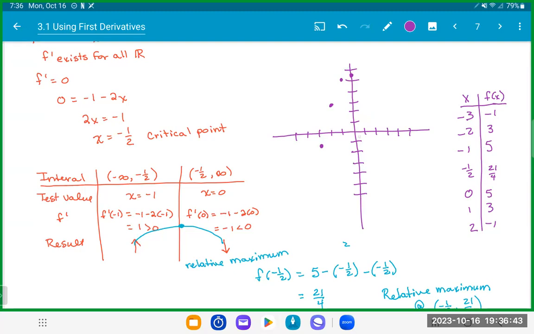Then we have negative 1/2, about right here. Now we have 0, 5, so that's right here. We have 1, 3, and we have 2, negative 1. So that is roughly what that graph would look like. You could put 5 minus x squared into your calculator, and it will give you a graph somewhat similar to this one.